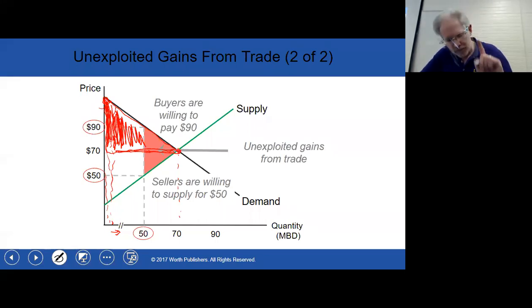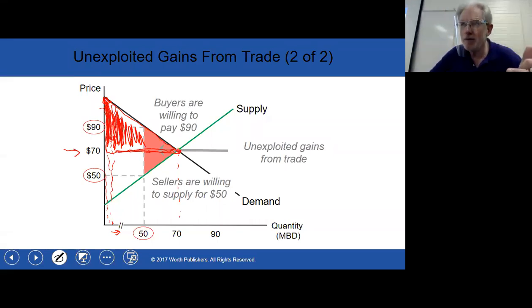Okay? Producer surplus is very similar. It's the gain going to the producers from being able to sell the product at the equilibrium price of 70. And it's the difference between what the producers actually receive and the minimum they would have been willing to accept.